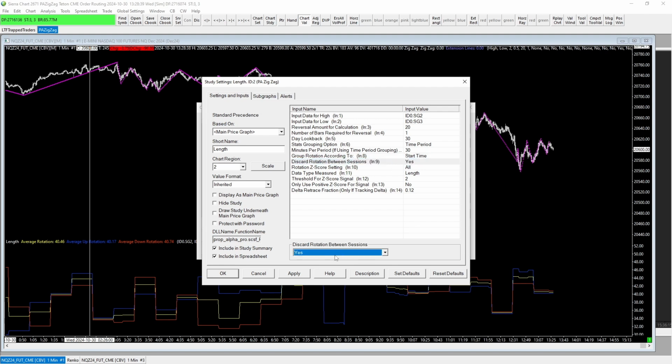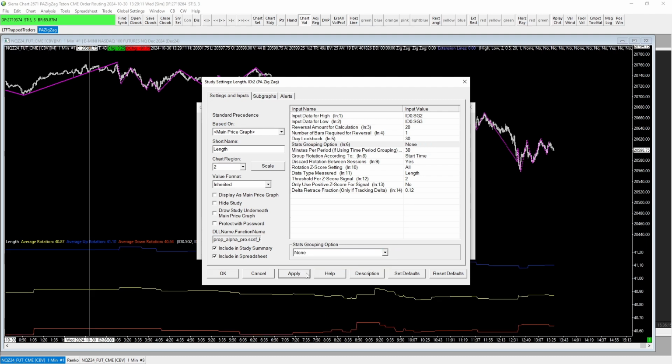And we discard rotations between sessions. So if you get a gap from day 1 to day 2 on your chart, these weekend gaps or overnight gaps when the market is closed, they're not going to be counted as rotations if you have this set to yes. So for the grouping option, you can use time period, in which case I have 30 minutes per period, or you could look at none, in which case they're all thrown into the same group, and every rotation that comes in is being factored into a global average.